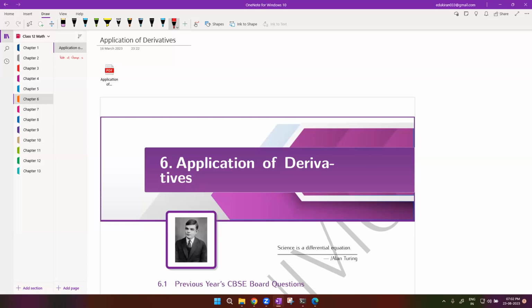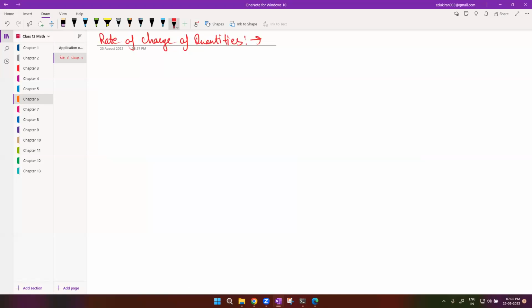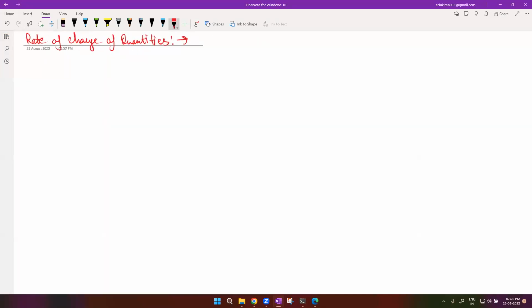So we will first start with rate of change of quantity. I told you in the beginning what the meaning of dy by dx was. If you want to visualize what dy by dx represents, it is basically the change in y with respect to change in x, right? Let's say you have a relationship between some kind of function.